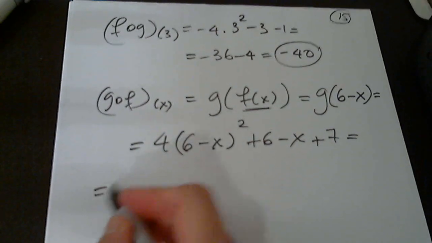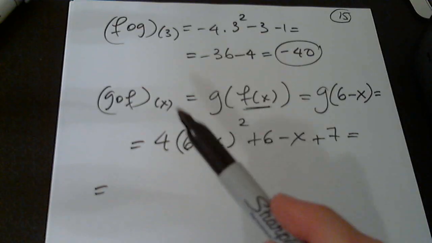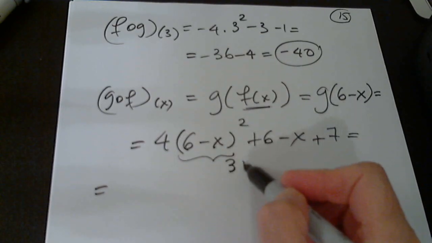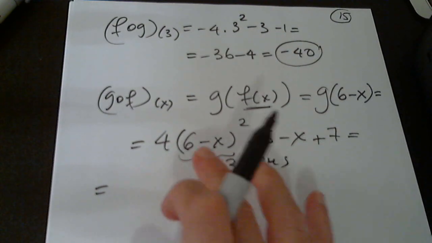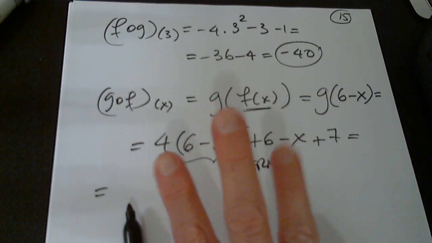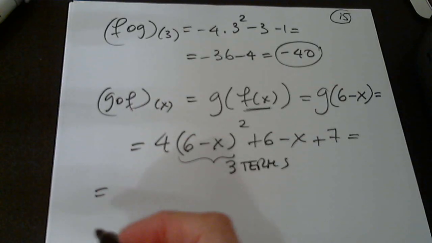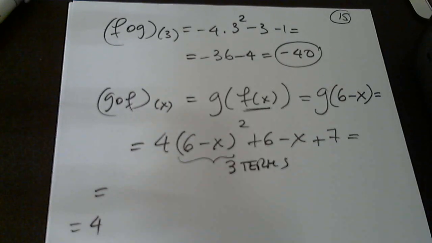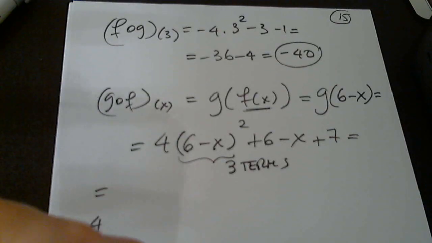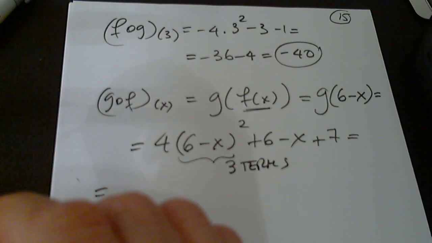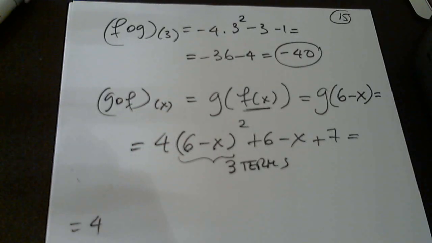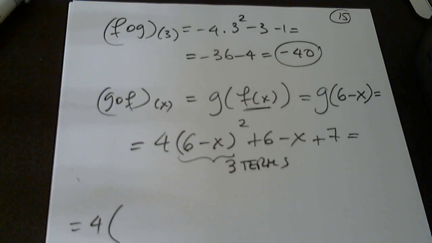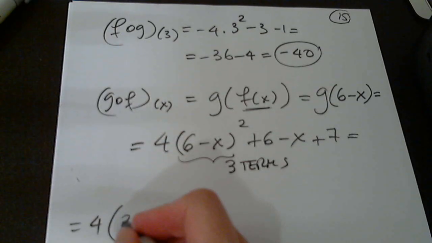Now, if I make the error not to remember that these are 3 terms, the whole thing collapses. When I square a binomial, I know I have to get 3 terms. Can anyone give us those 3 terms? 36. Yes, first term squared.